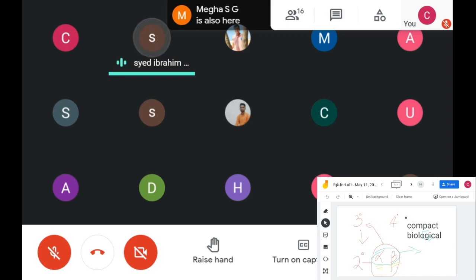So what are all the features that make up the tertiary structure?